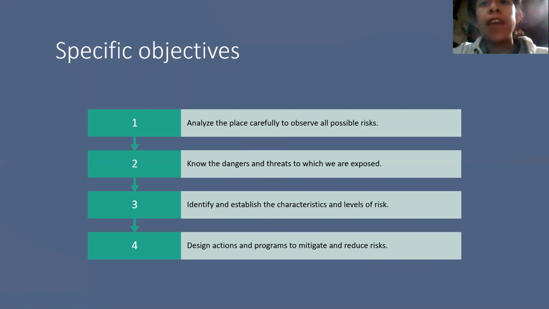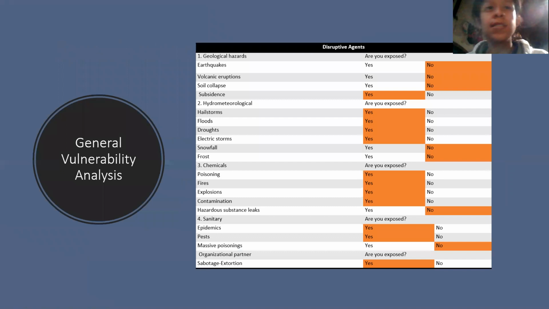3. Identify and establish the characteristics and levels of risk. 4. Design actions and programs to mitigate and reduce risks. Next, a general risk analysis table was prepared in which all the threats to which the business is exposed are broken down.